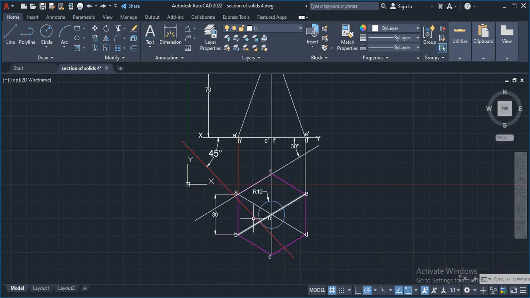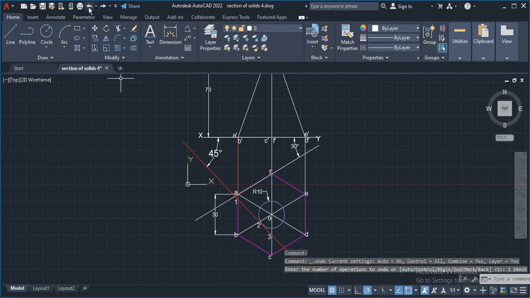So the cutting plane will cut the face AB at one point, the slant edge BO at one point, CO at one point, and CD at the face. So there will be 4 points: 1, 2, 3, and 4.